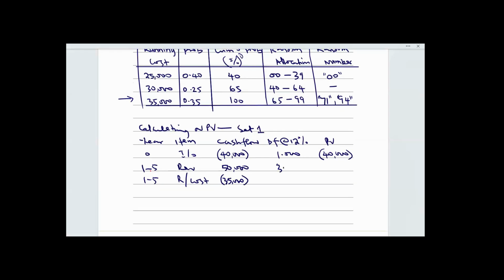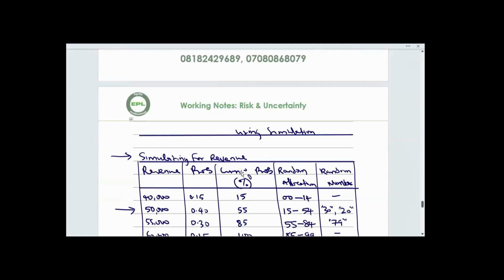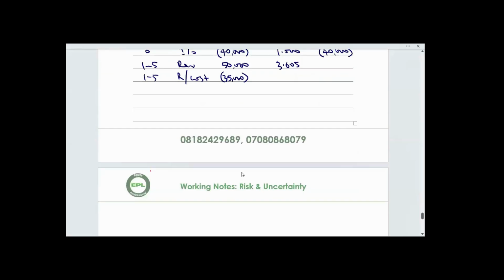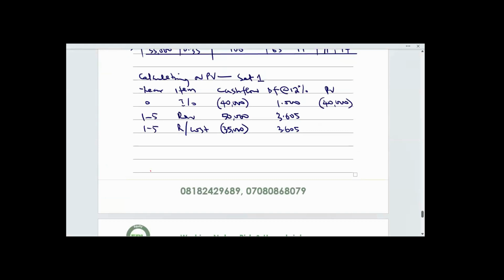So here is 3.605. Let me confirm. We have solved it before. Annuity factor. Yes, 3.605. So we then multiply. 50,000 multiplied by 3.605 is 182,250.